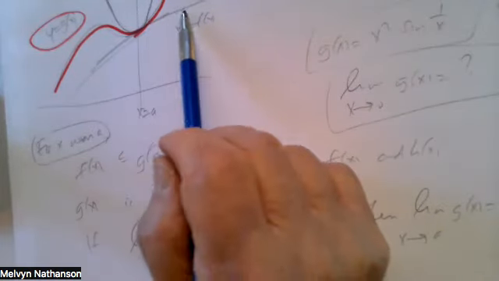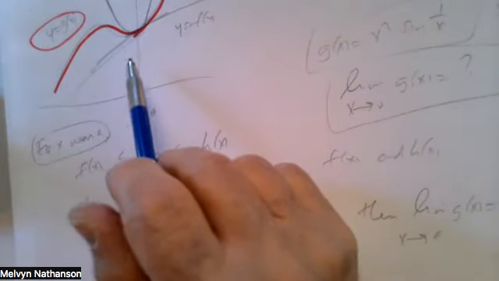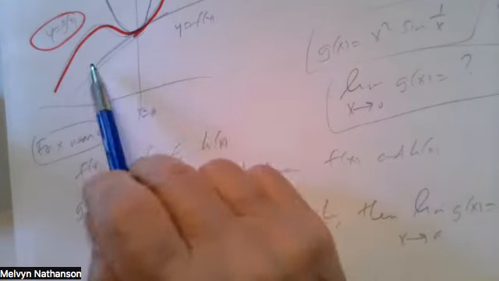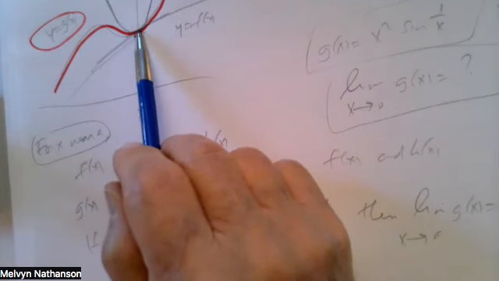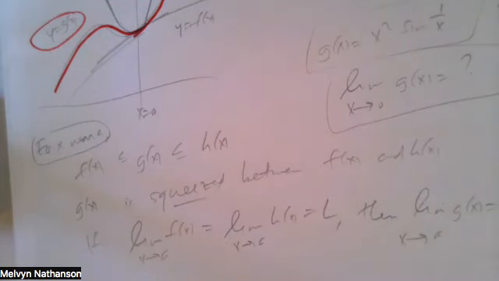So if this red function is squeezed between f and h, and as you approach a, f approaches some number L and h approaches some number L, this function squeezed between them has to approach the same limit. Any questions about this?